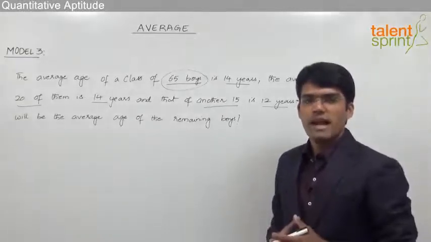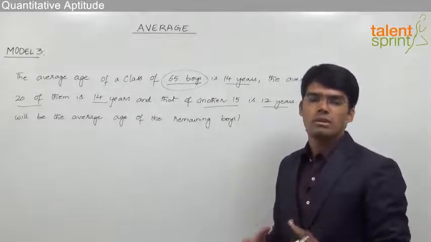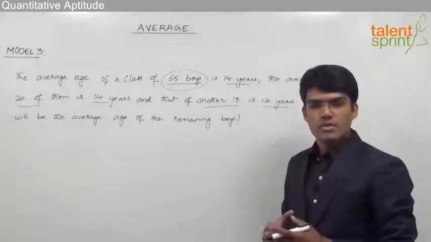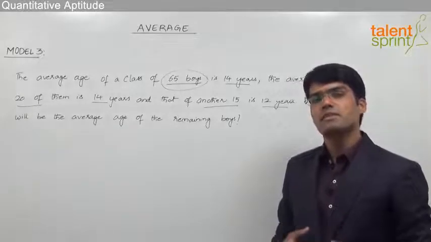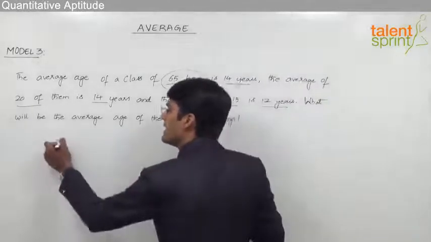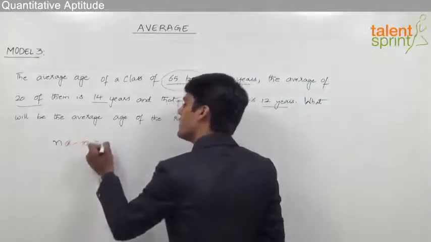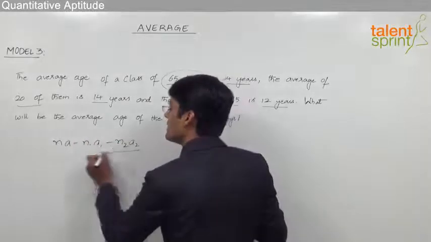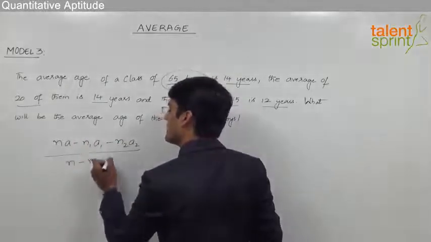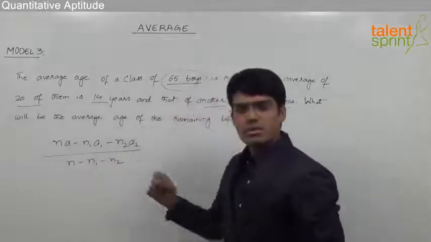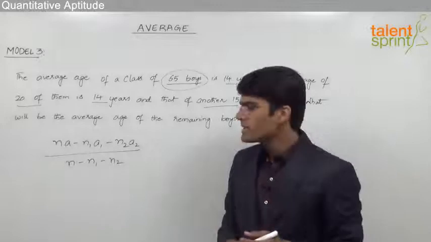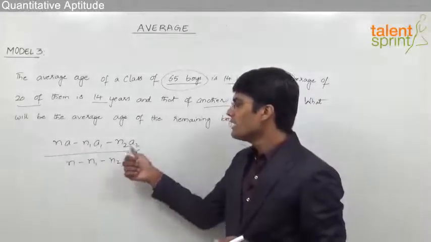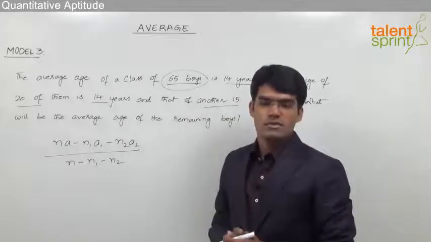We have just learned that when the average age of a whole class is given and the average of smaller groups of the class is given to us, then we can find out the average of the remaining students as (NA minus N1A1 minus N2A2) divided by (N minus N1 minus N2), where N is the total number of students, N1 and N2 are the number of students in the other groups, and A1 and A2 are the averages of these groups respectively.